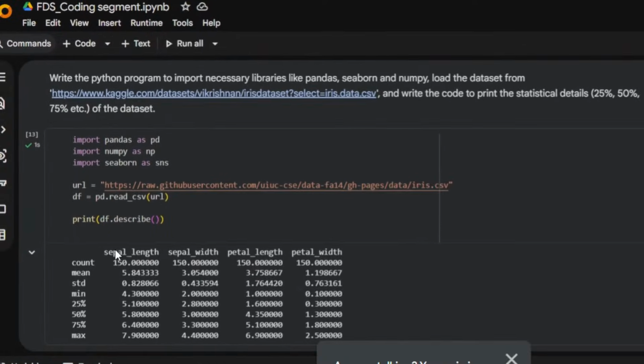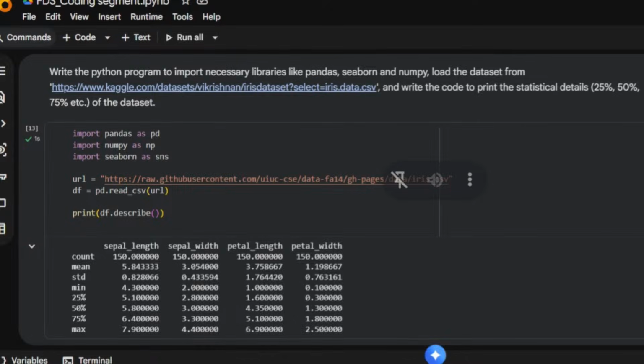Okay, this is interesting. This might be new to you, but when it came in our midsem paper, it was new for us also. We were as shocked as you. Just learn this also. We are given a URL, and we are told to read the CSV file given in that URL, and write the code to print the statistical details, 25th percentile, 50th percentile, 75th percentile, etc. of the data set.